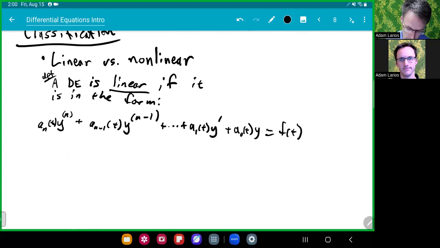Now, of course, it doesn't have to be of this form, so I should really say if it is in this form or can be put in this form.